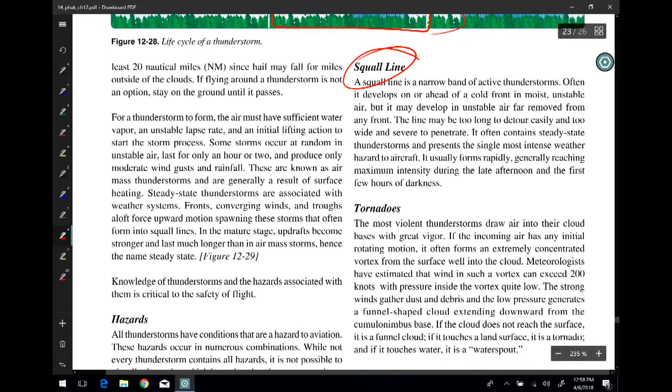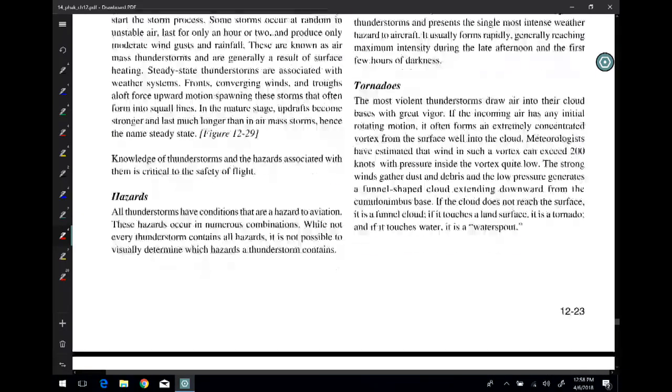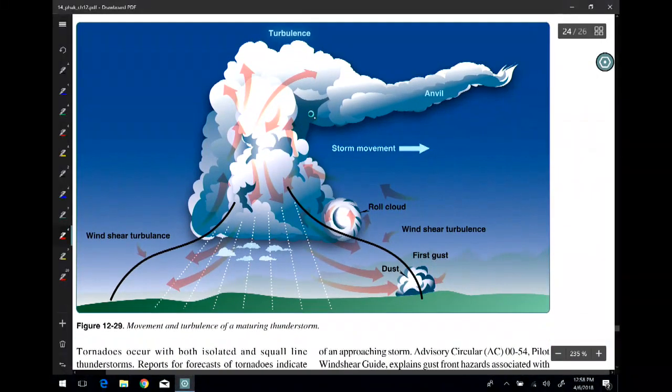Ever heard of a tornado? Yeah, well, thunderstorms can create tornadoes as well. And those can also be the beginning of a very bad day. You can see here that in this mature stage of a thunderstorm, this is that part that I was telling you where that anvil can extend out far in advance of the actual storm. This is that gust front that can develop out in front of it.